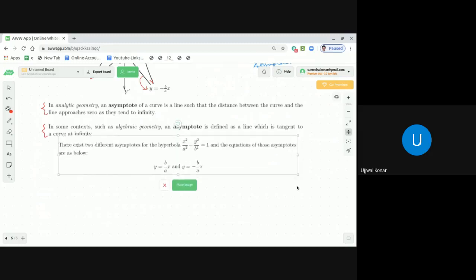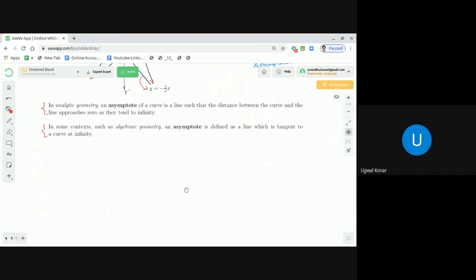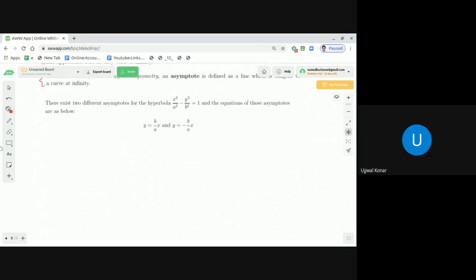So you need to remember all these things, so that when you get the relevant question, you can immediately access that information from your memory and start solving the problem. Now there are a few points I would like to tell you about the asymptotes.